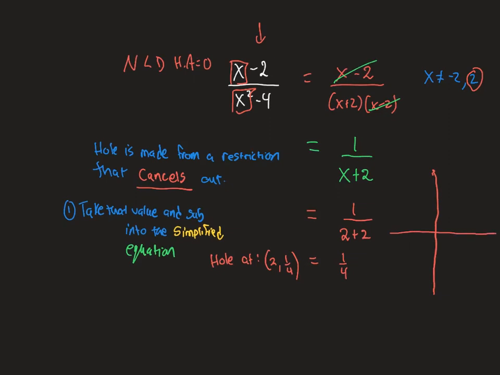Alright, so normally I should have a horizontal asymptote at y is equal to 0. And I should have a vertical asymptote for sure at negative 2.